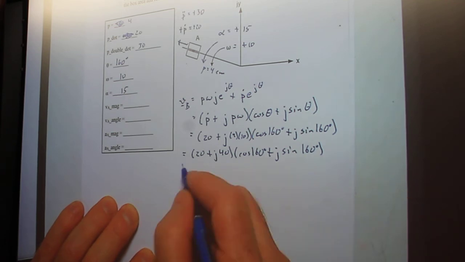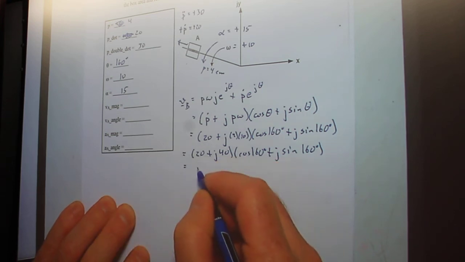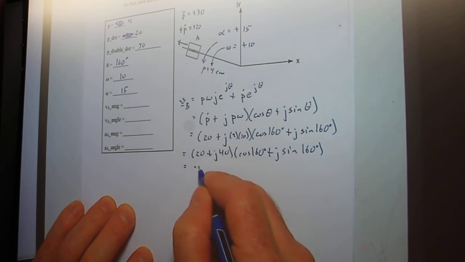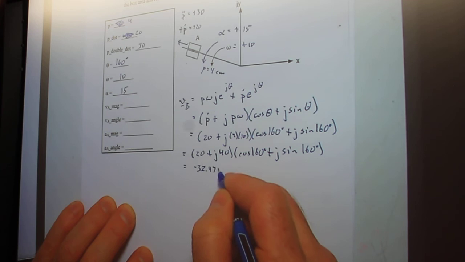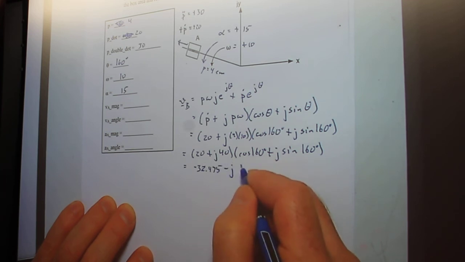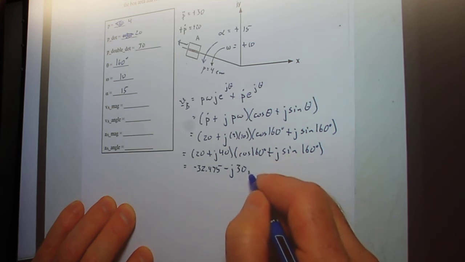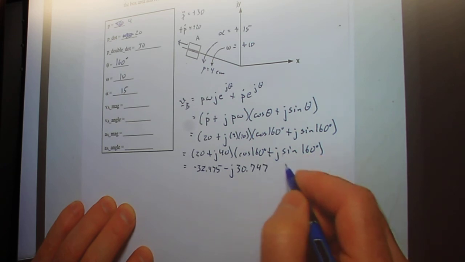I don't have it worked out explicitly here, but I know when I do this, I get minus 32.475 minus j 30.747.